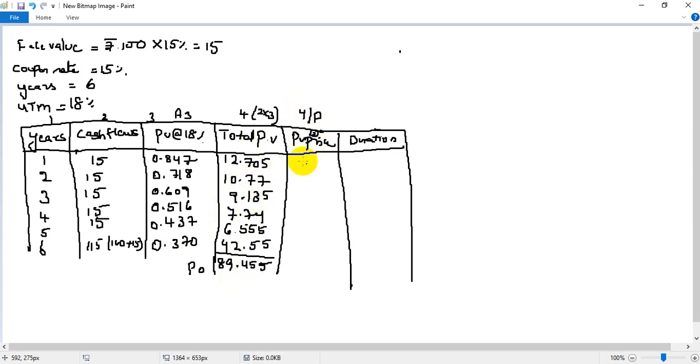For all of them you need to divide. For the first, 12.705 divided by 89.455 comes to 0.142. In the same manner, 10.77 divided by 89.455 comes to 0.120. All of them you need to calculate.